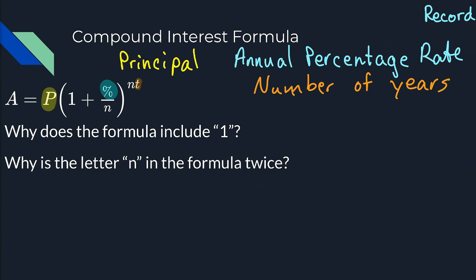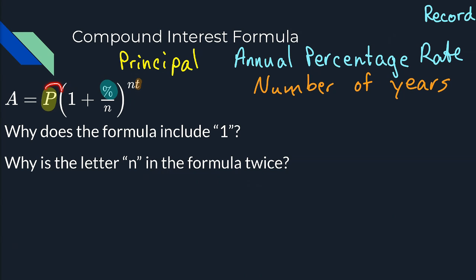Can anyone tell me why we have this 1 here? What does that represent? But one way of thinking about it is we have the exponent here on the parentheses, and we don't just drop it in like that.